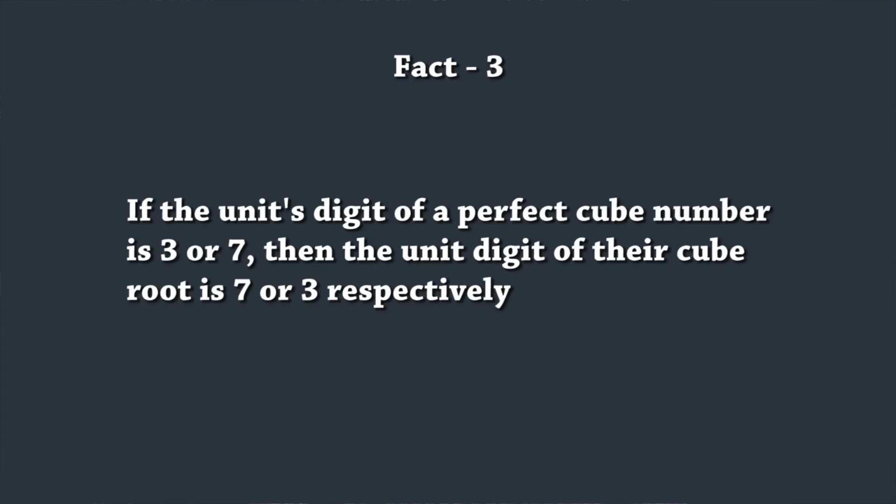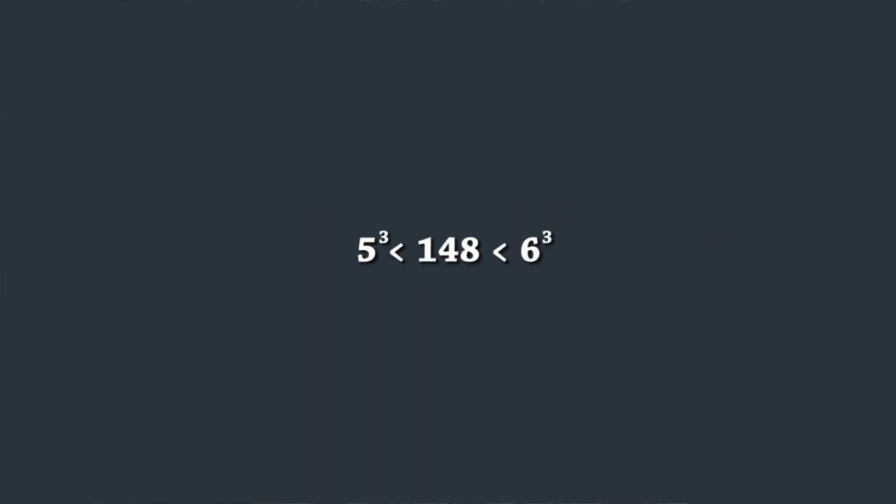Please observe the fact 3 in the above chart. Step 3. Look at 5 cube is less than 148, which is less than 6 cube. Step 4. By considering the smaller number in the above inequality, the tens digit in the answer must be 5 only.